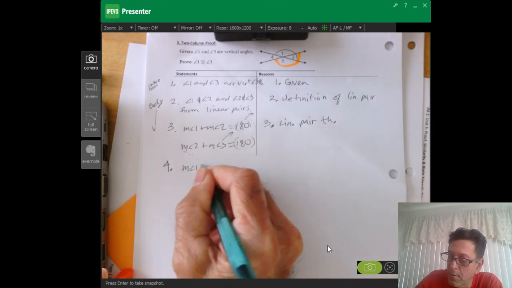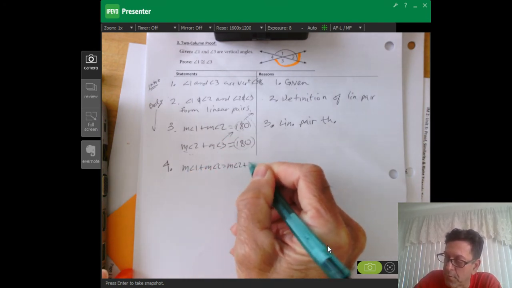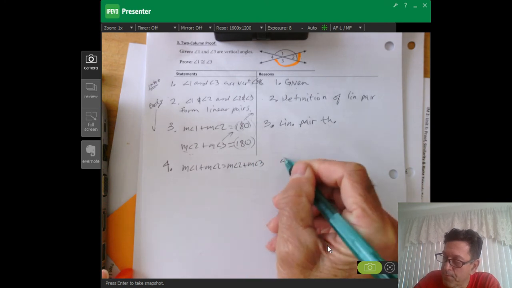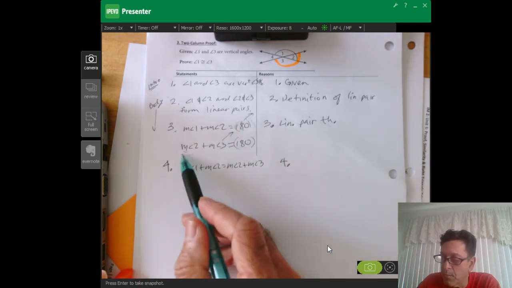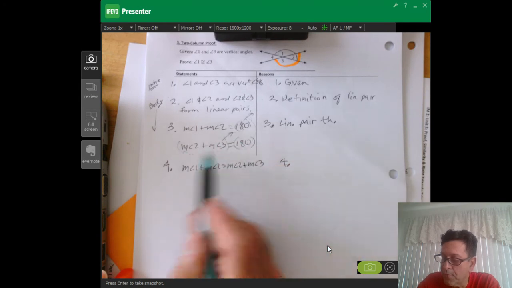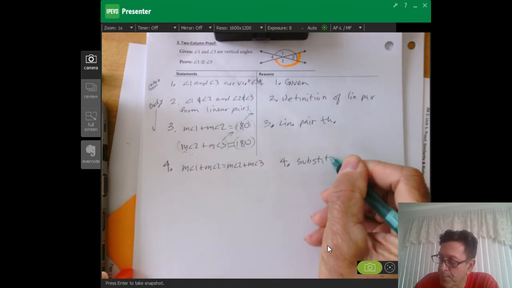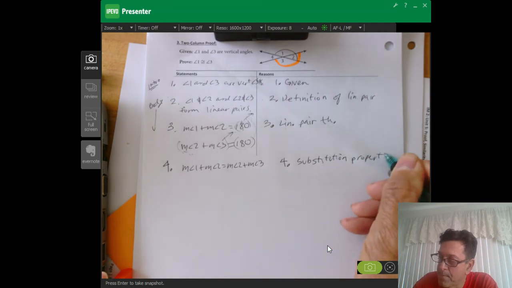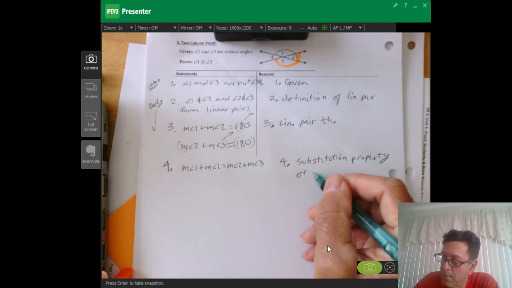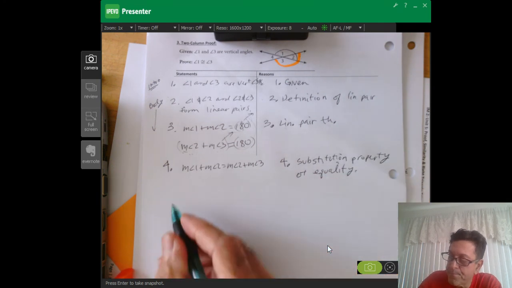So the measure of angle 1 plus the measure of angle 2 equals the measure of angle 2 plus the measure of angle 3. And all we did was we substituted. So we got rid of that one and we put in this whole expression on the side. So that's the substitution property of equality.